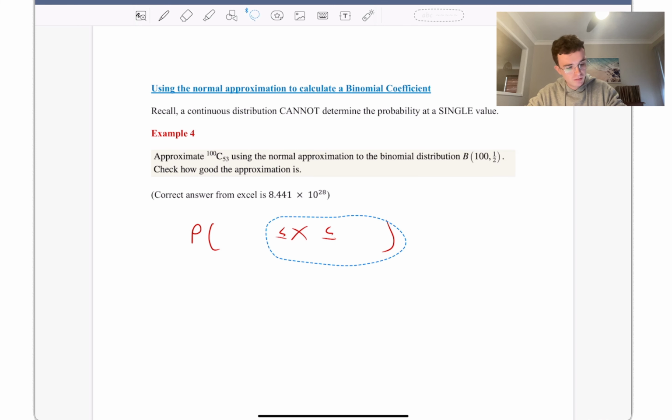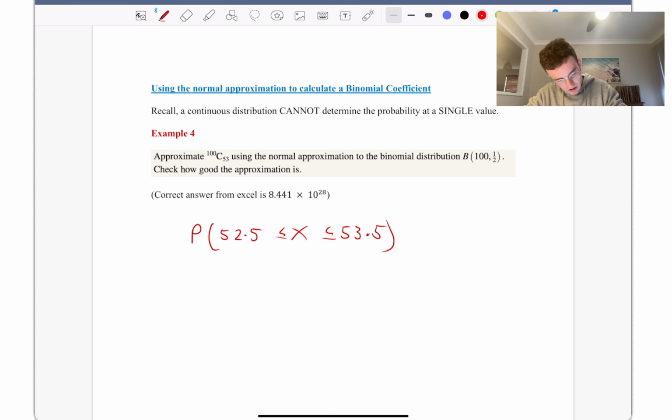That's the best we can do. So 52.5 and 53.5. So this continuity correction is showing us that we're going a tiny bit above and a tiny bit below, and that will get us approximately the value in the middle. And this is actually how calculus was developed, but that's a whole different idea. Not specifically through this, but the idea of going a tiny bit above and a tiny bit below.